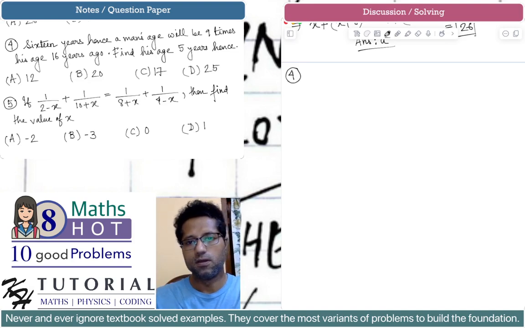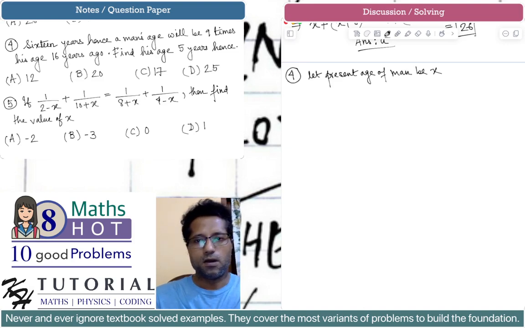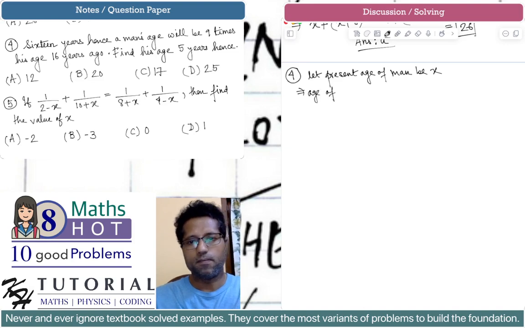So we always consider the present age. Let the present age of the man be x. This implies the age of the man after 16 years is equal to x plus 16.